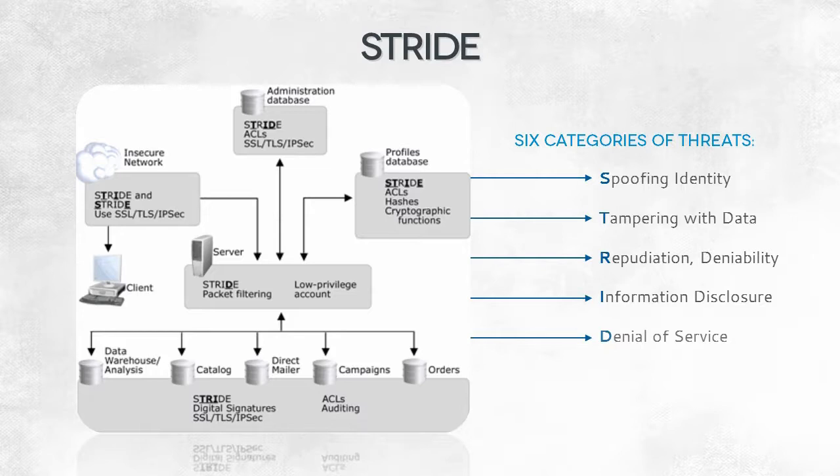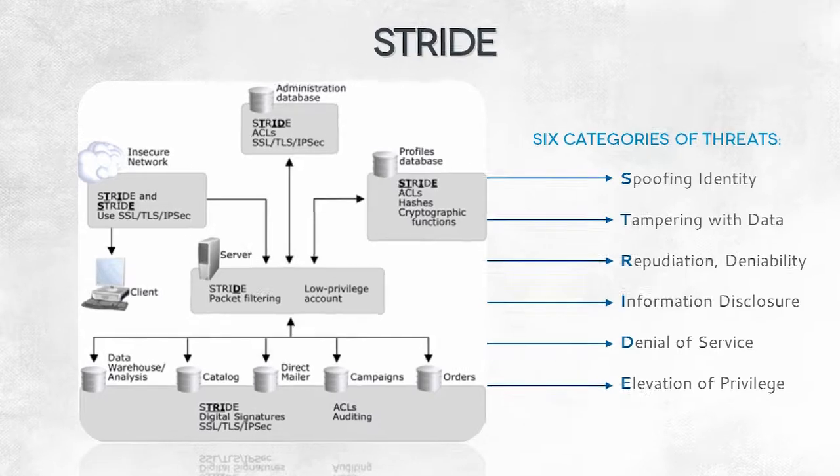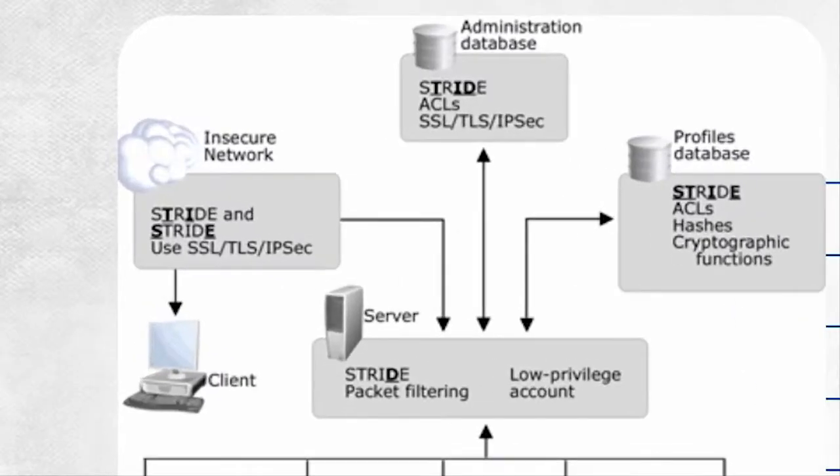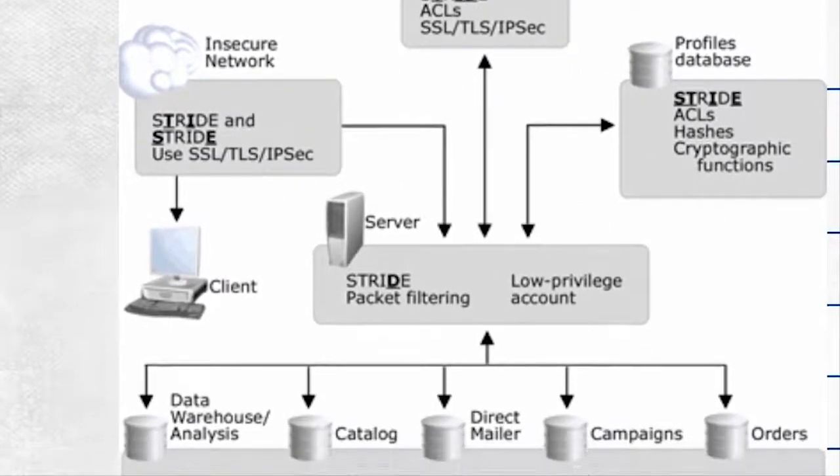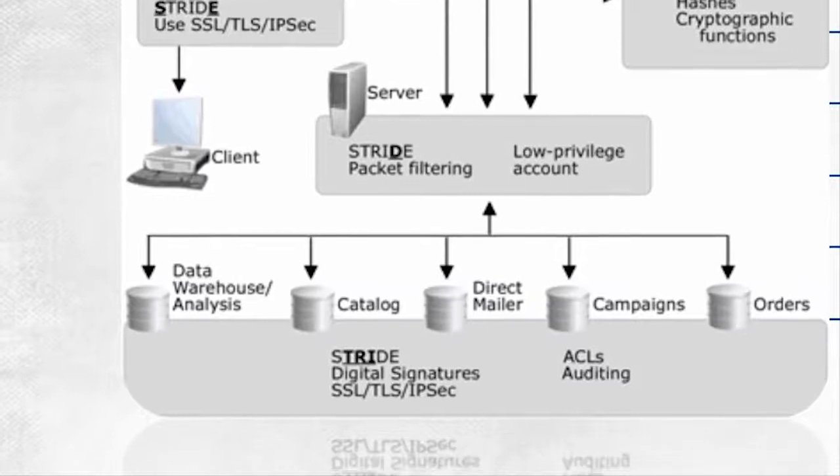D in the STRIDE model stands for the denial of service attack, which is an attempt to make service unavailable to its intended users. The last category of attack is called elevation of privilege. That is, gaining unauthorized elevation of user privileges. You can see the visualization of the STRIDE model on the right side of the slide.